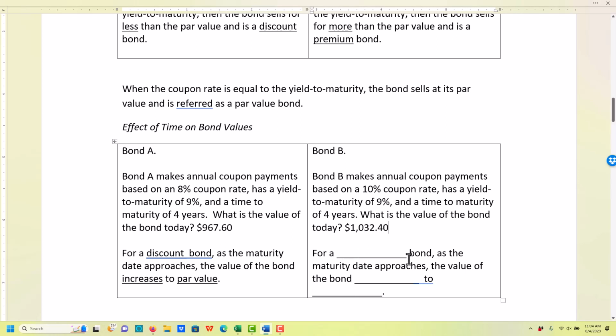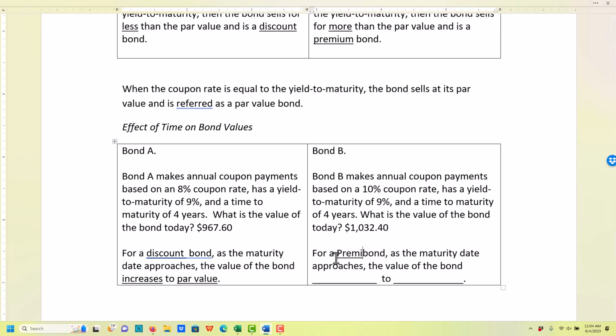So for a premium bond, as the maturity date approaches, the value of the bond decreases to the par value.